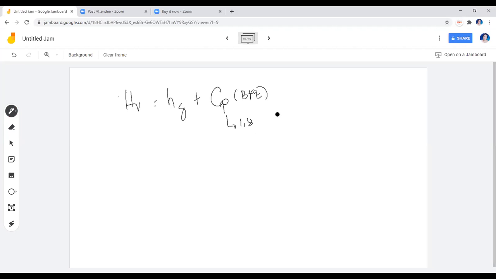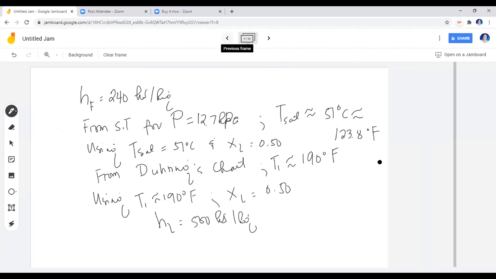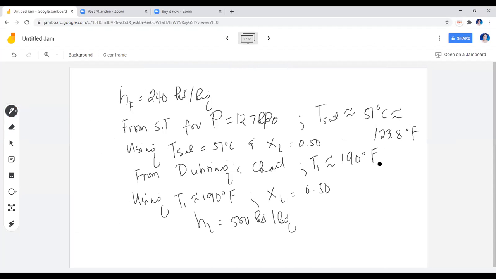The BPE is the difference between the two temperatures. But since these are in Fahrenheit, you have to convert this into Celsius. So we will convert it now. So you have 190 minus 32 times 5 divided by 9. That should be rounded off to 88 degrees Celsius.